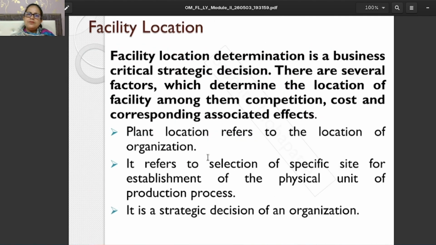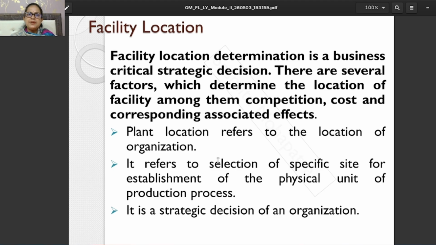So what is facility location? When we have to choose a location or place to establish the plant, because we have already discussed in our previous class that we need to first design the product, then see what the production process is, what the inputs to the production process are, and what the output is. Output may be a product or service, tangible or intangible. So these things we have already discussed.